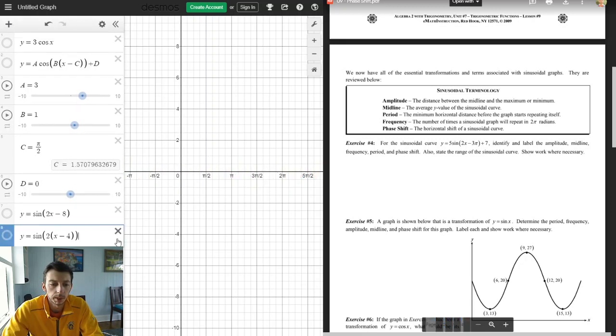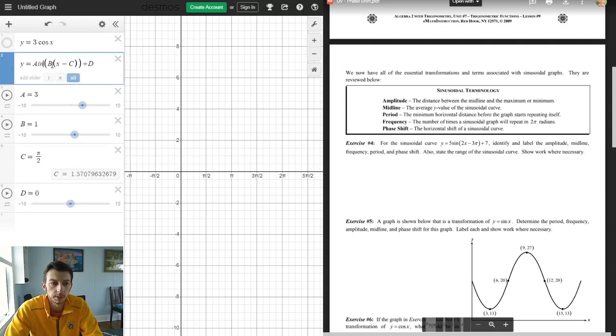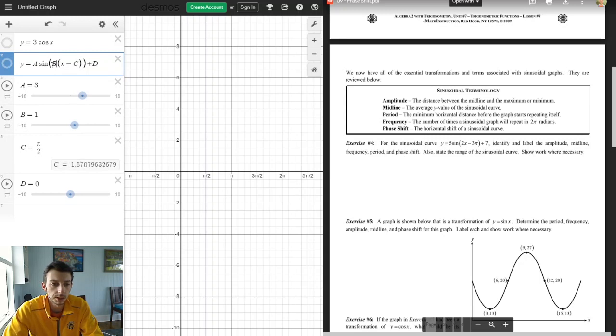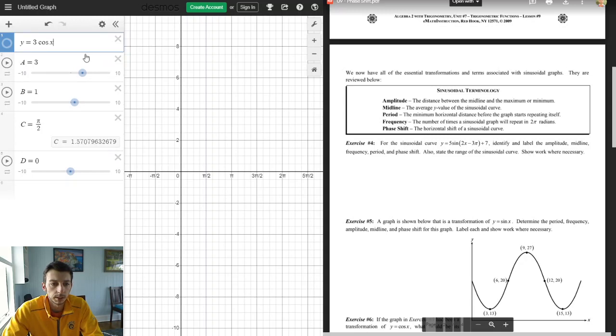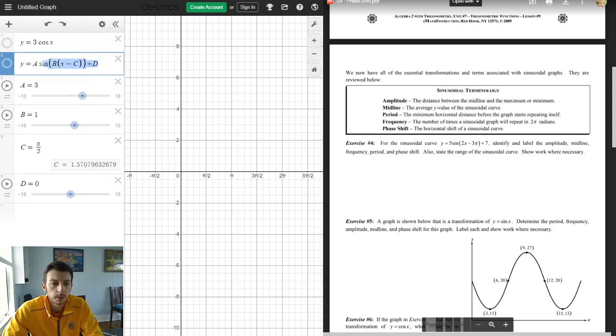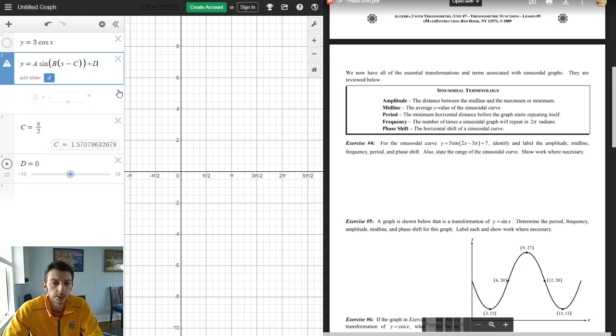I'm going to get rid of my recent examples, but I do have my equation here with everything filled in, and I recommend that you just take a second and go on Desmos and get this kind of filled in for yourself so that you can look at the same thing. Sometimes if you delete these and put them back in, it gives you a hard time, so you may just have to reset that.